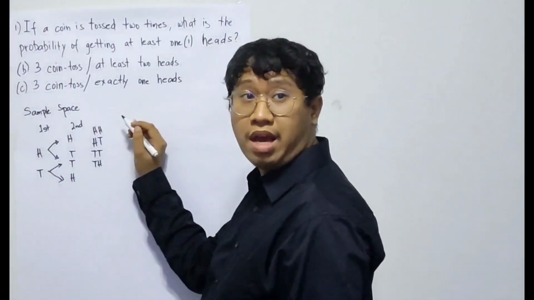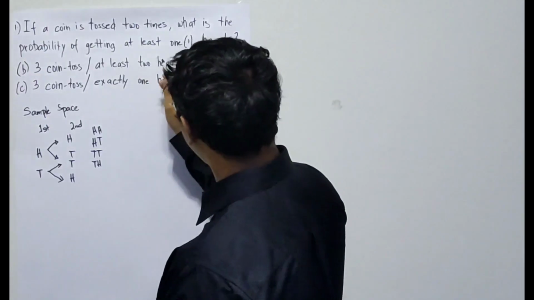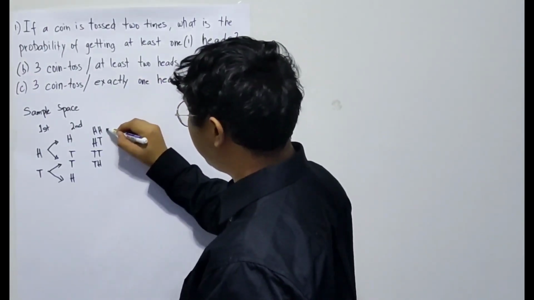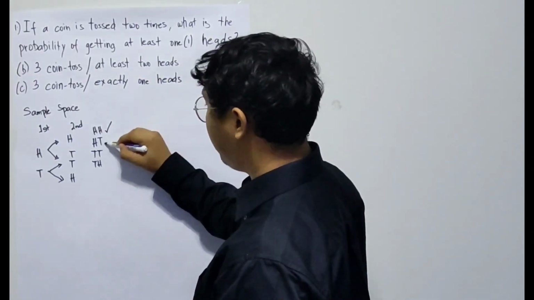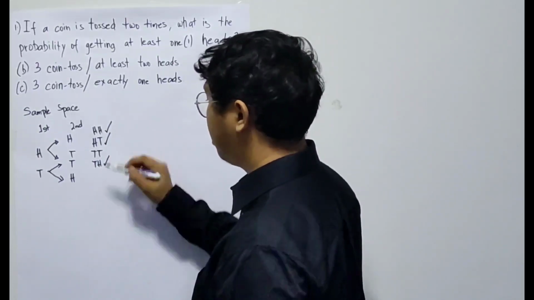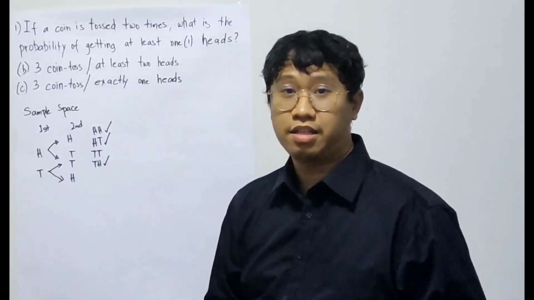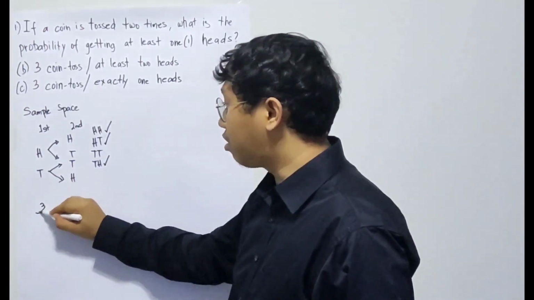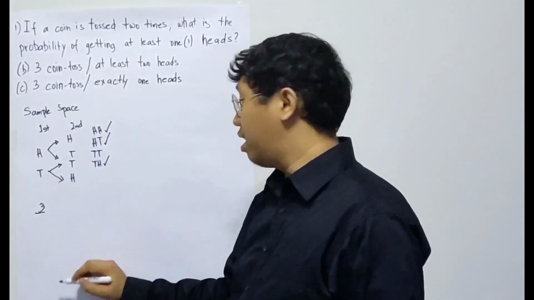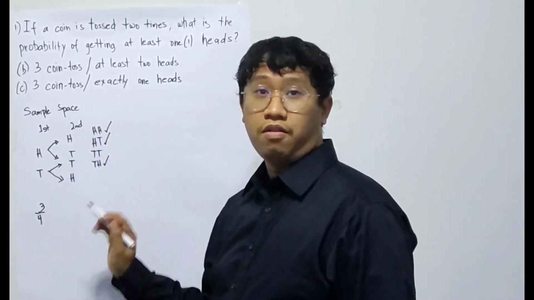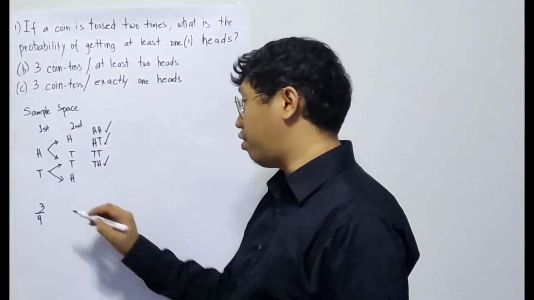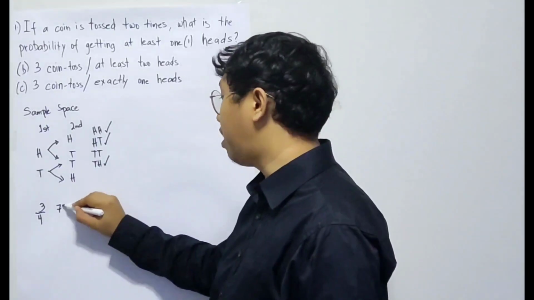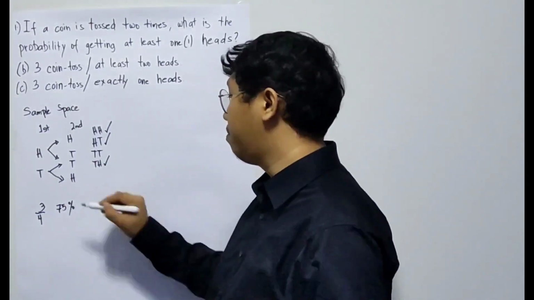Now, we have at least 1 head, so we have this one, heads, tails, and then tails, heads. So there are 3 favorable outcomes, which means the probability of getting at least 1 heads is 3/4 or 75%.